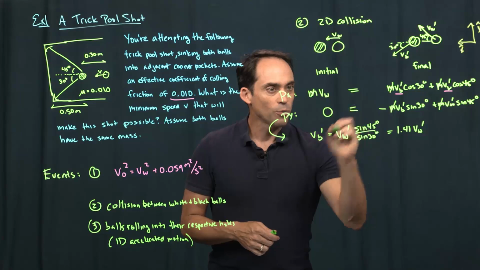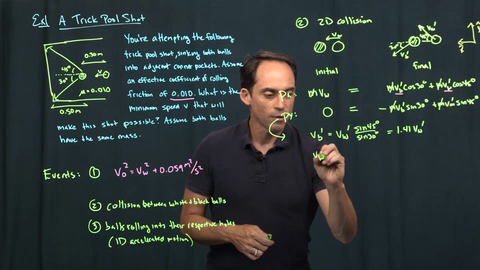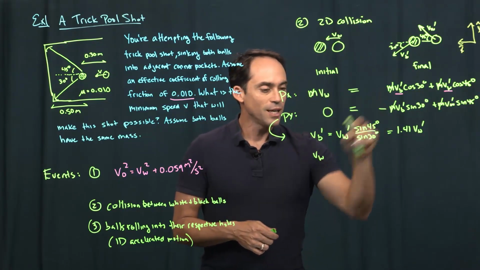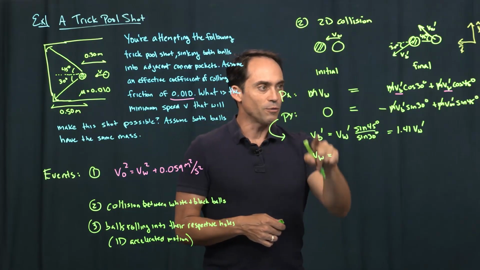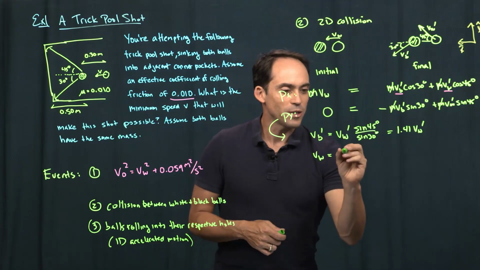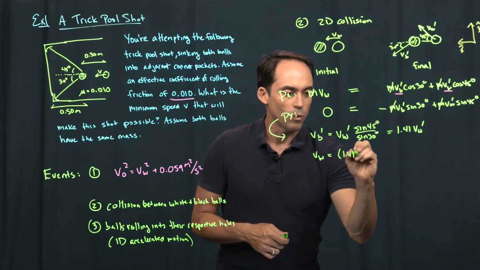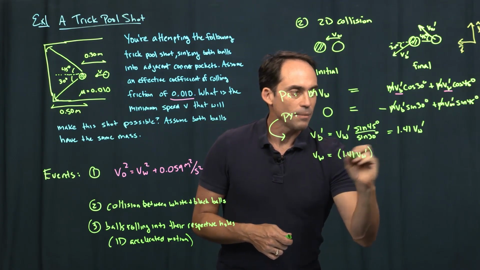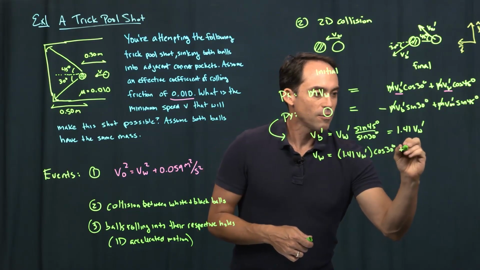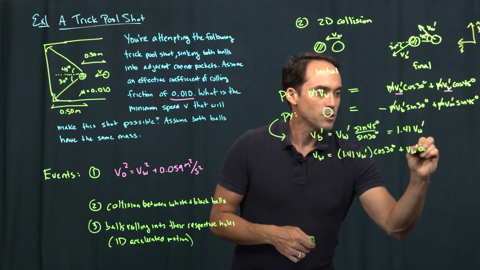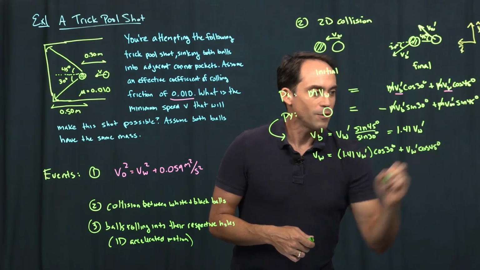We can then write down the speed of the white ball before the collision in terms of these numbers. And I can substitute in my expression for v_b prime. So this is going to be 1.41 v_w prime times cosine 30 degrees plus v_w prime times cosine of 45 degrees.